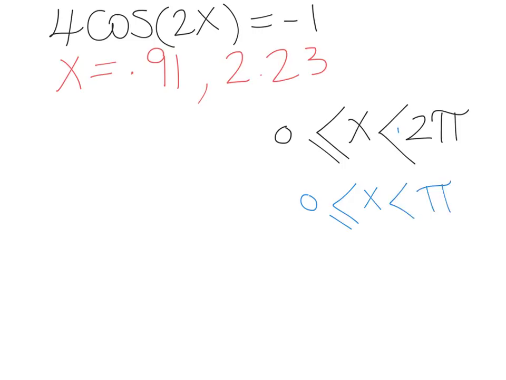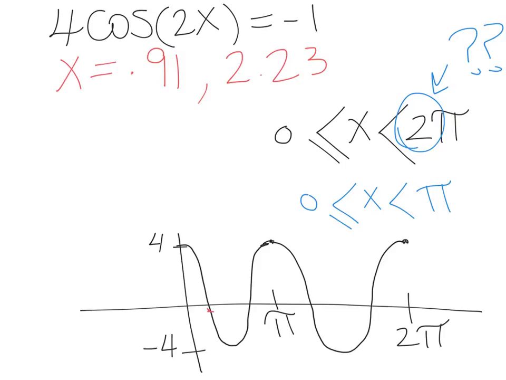I'm not going all the way to 2 pi, so I'm missing another cycle. So how would I find the other two answers in the next cycle? I know the graph keeps going, so I have -1 down here at 0.91 and 2.23, and then I have another two answers that I didn't write. Now we have to be able to find them, so we're putting everything together.